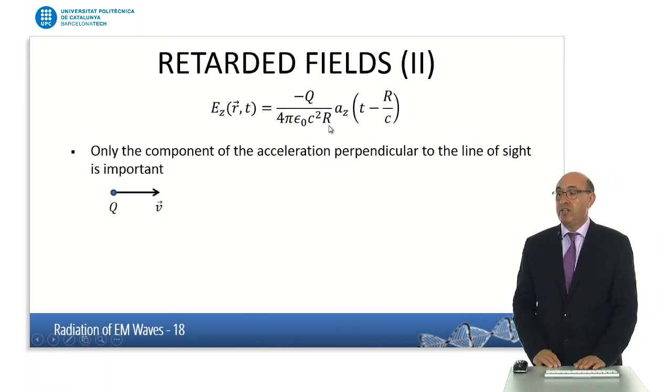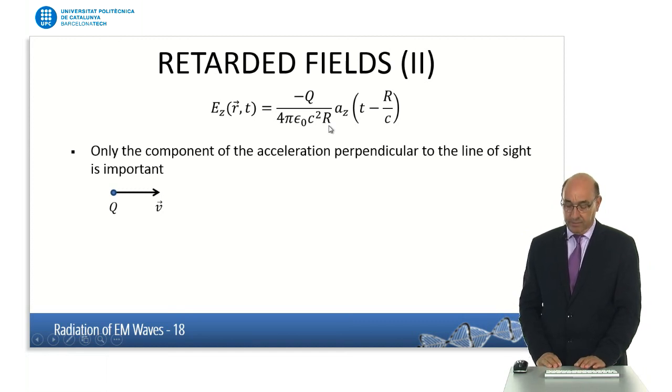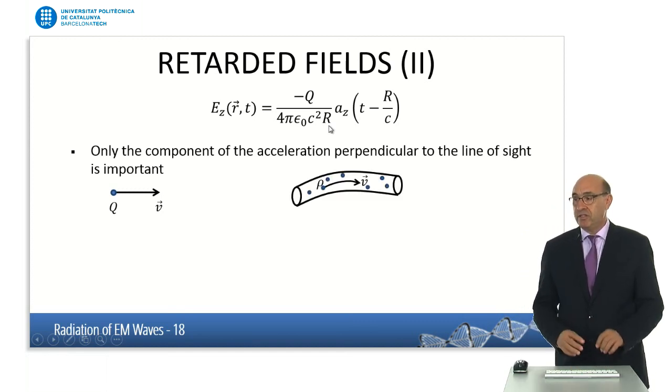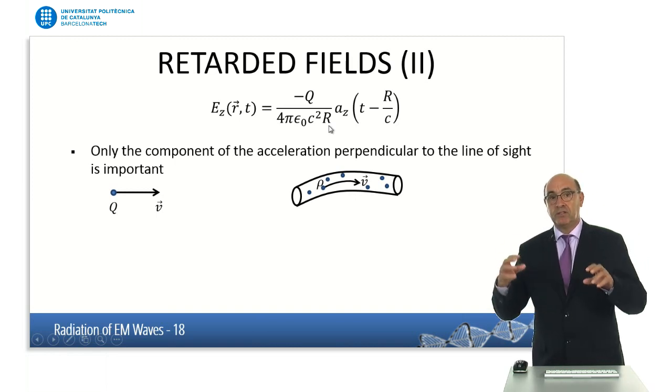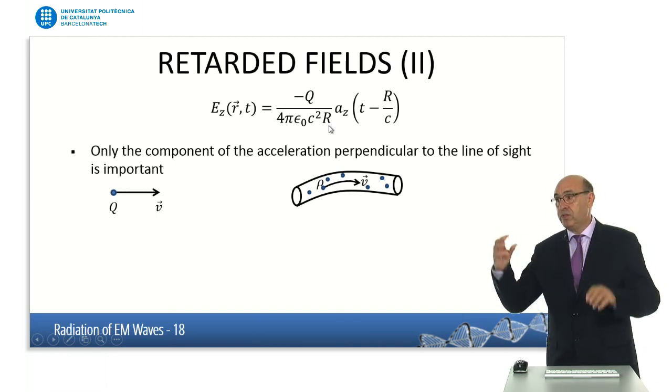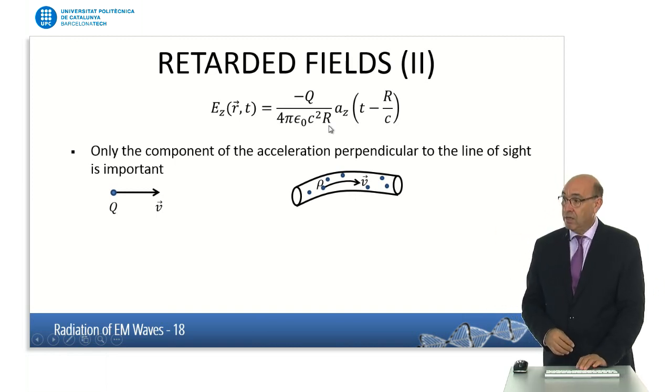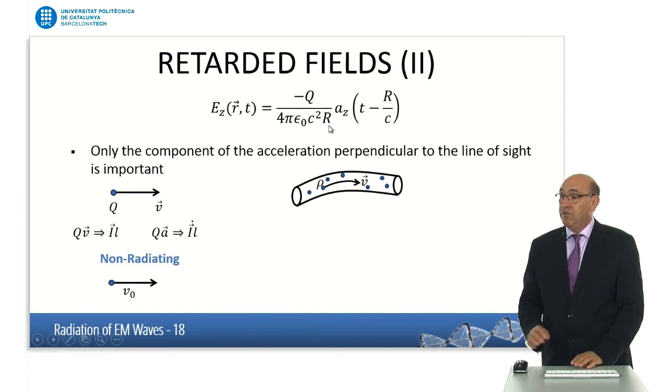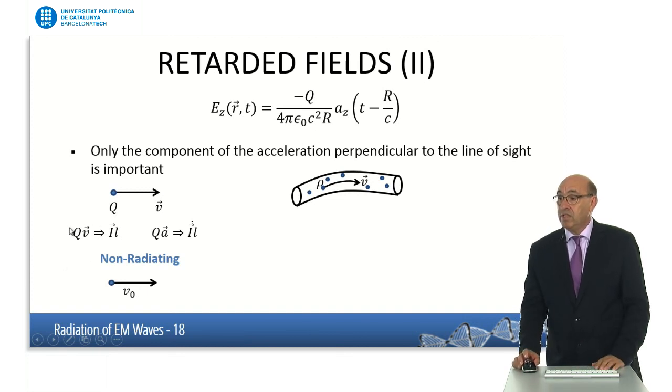Here you have the charge moving at a certain velocity. You may also have more than one charge. In this case, you may think of a wire, of just a tube where charges move along. If a charge is moving with a certain velocity, this is exactly the same as saying that we have a current traveling a certain distance.